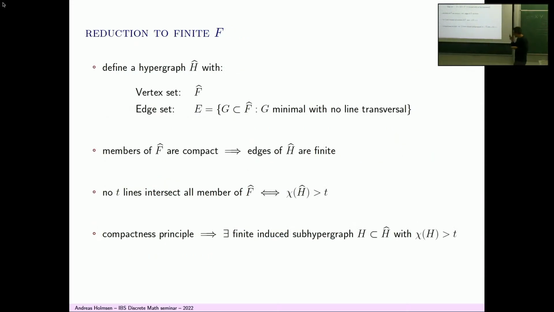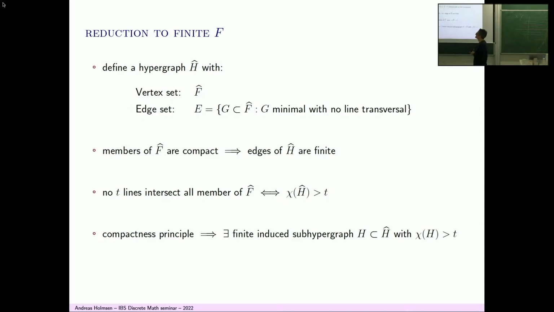So is it also from compactness that we have edges at all? Is that a consequence of compactness as well, or non-empty edges or something? Non-empty. That there are edges. Yeah. That's because I cannot pierce everybody by a line. Right. But a minimal family may not exist, right?